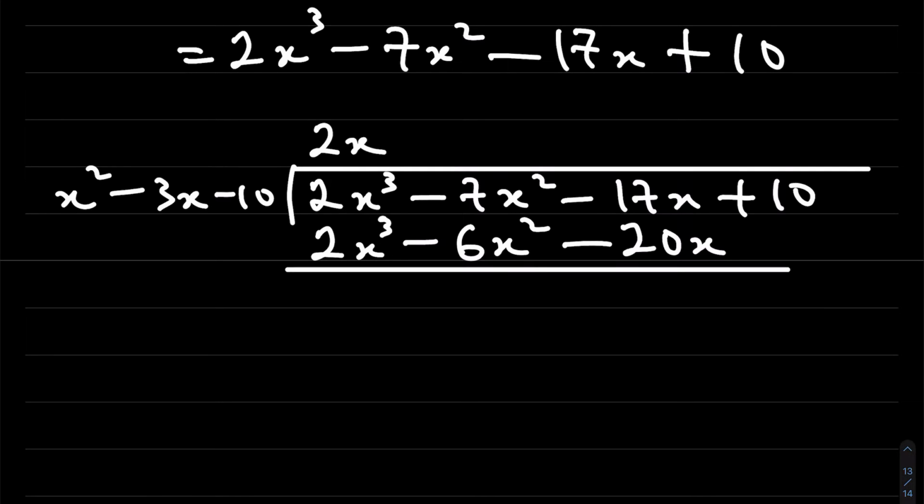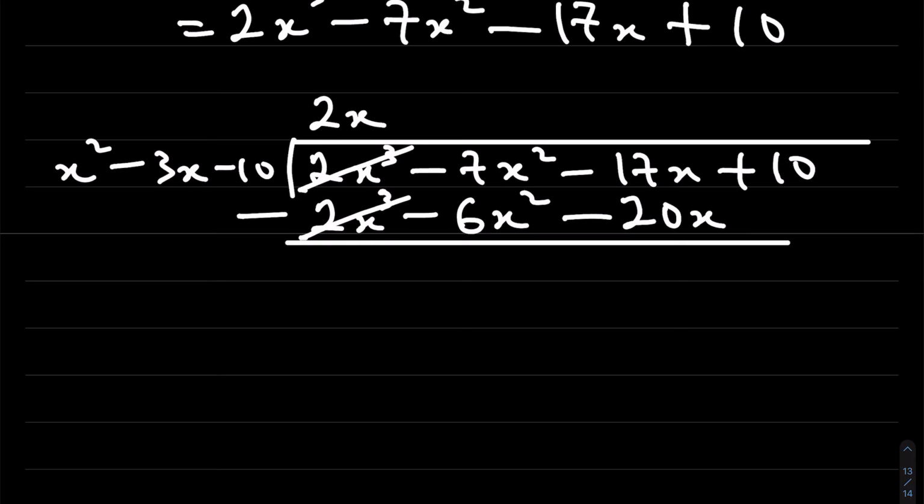Now we subtract, and then we get 2x cubed minus 2x cubed is 0, minus 7x squared plus 6x squared, which will be minus x squared. Now minus 17x plus 20x, which is 3x. And then I bring down the next term, which is plus 10.